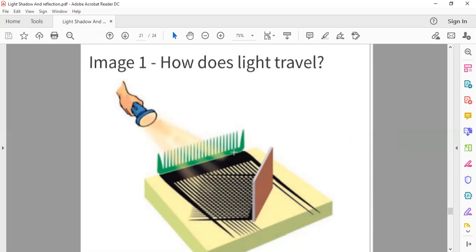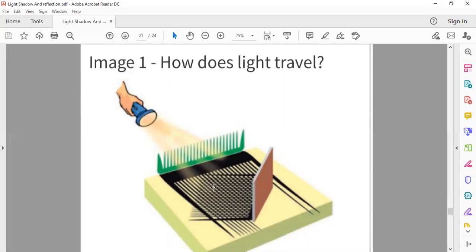The mirror is giving the reflection of this comb in this way. So you are able to see the pattern. Okay, the comb is there. The reflection of the comb can be seen in the mirror. So this activity shows that light travels in a straight line and it gets reflected from a mirror. I hope this is clear and you can do this activity.